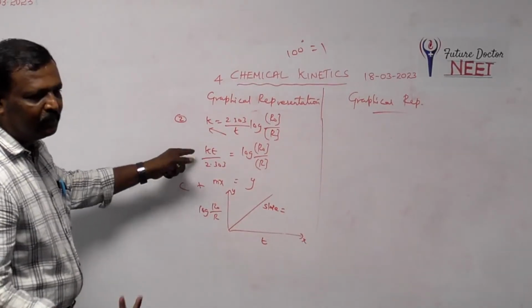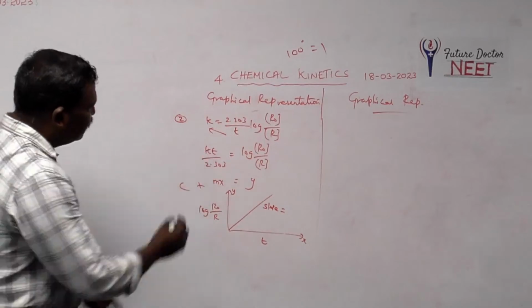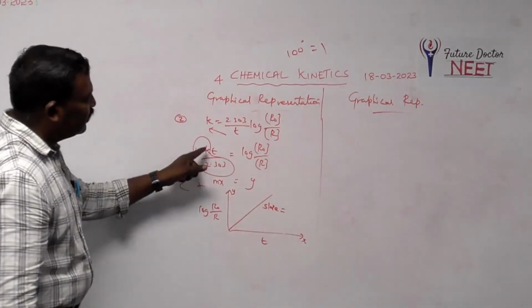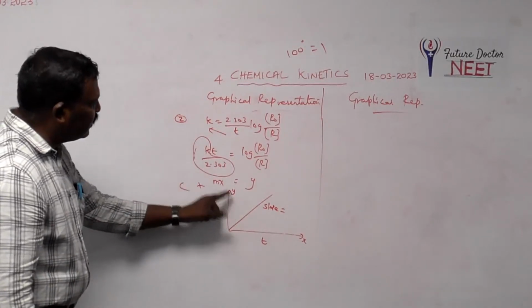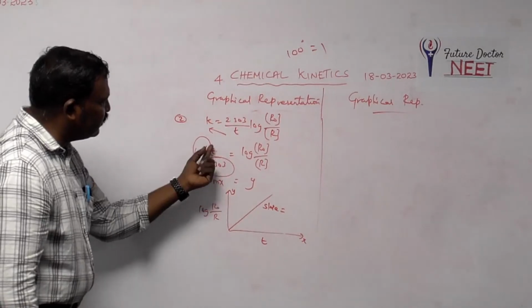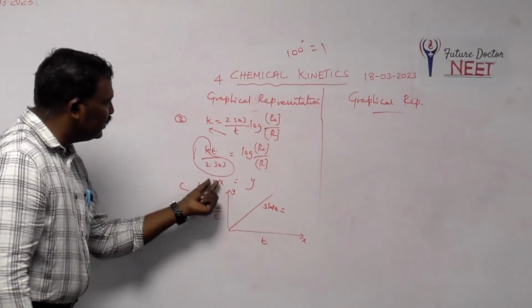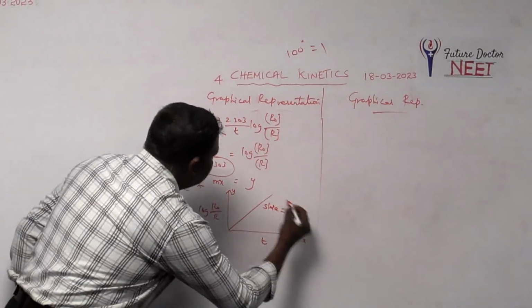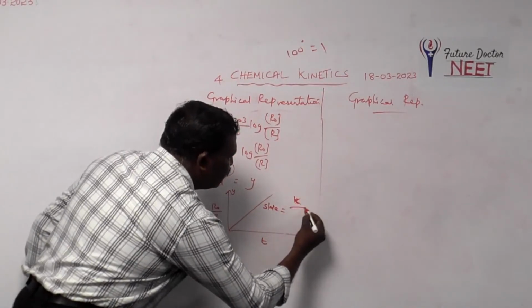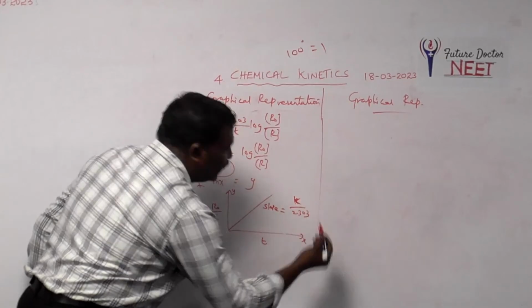Only this part: the slope m is k by 2.303. Are you following?